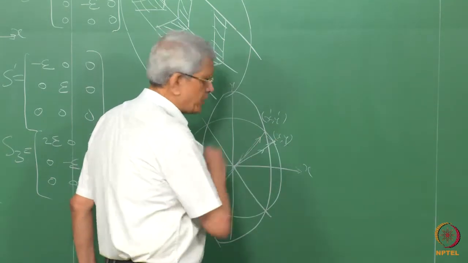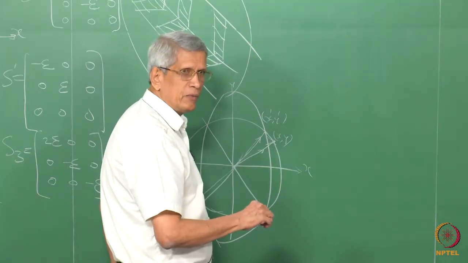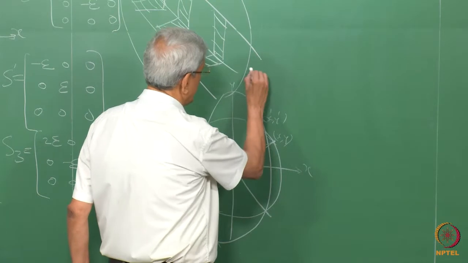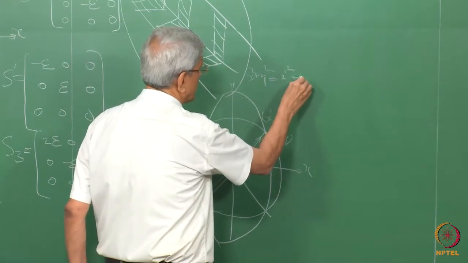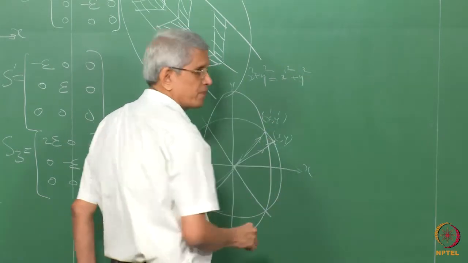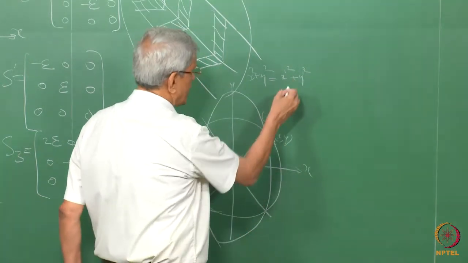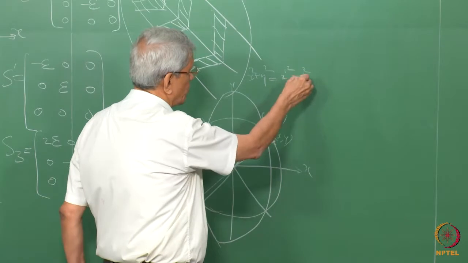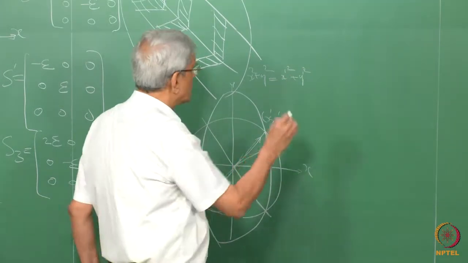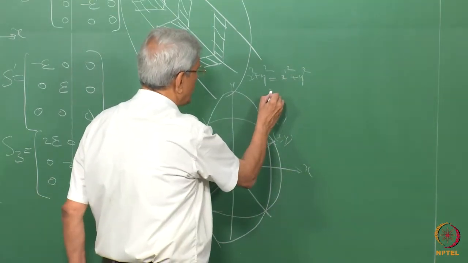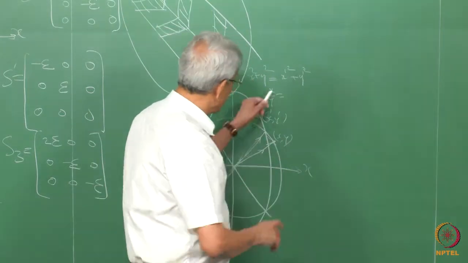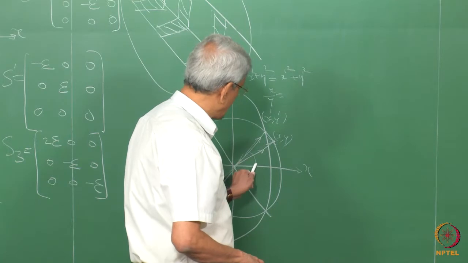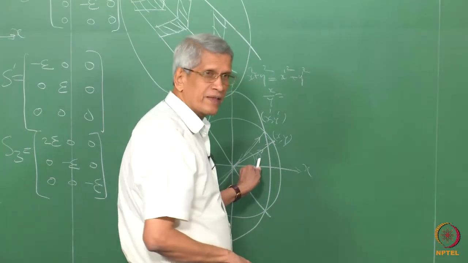Since the vector remains identical, the magnitude of the vector, x squared plus y squared, will be equal to x dash squared plus y dash squared, correct. That x dash squared is in terms of x, y dash squared is in terms of y. So, we can get the ratio of x by y from this equation. This x by y ratio gives this angle theta, correct.